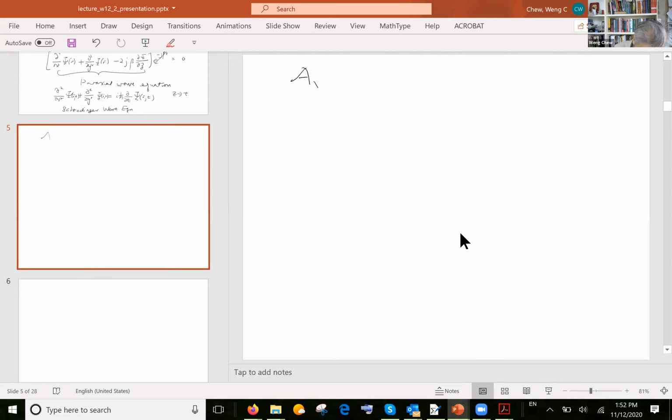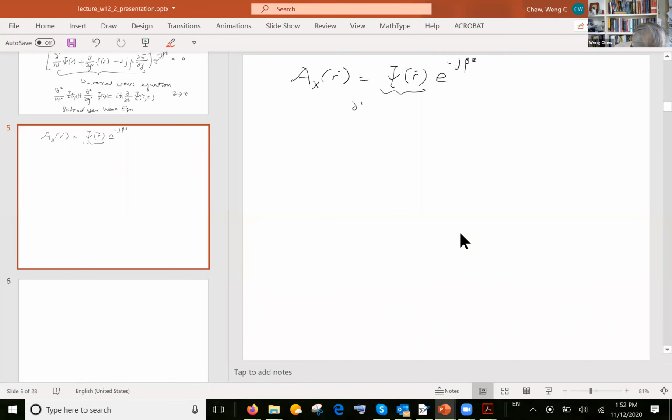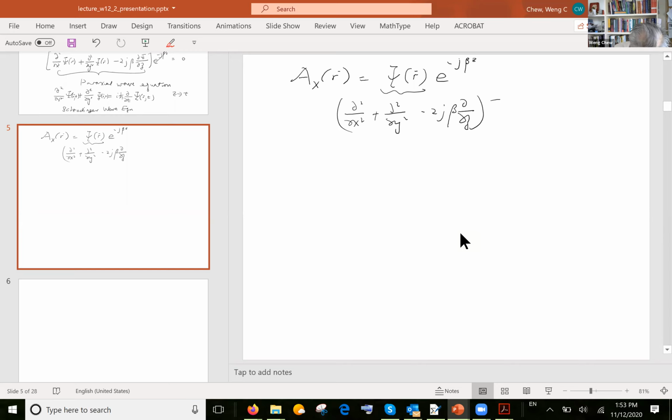So in the paraxial wave equation, what you essentially have done is that you take the wave equation and break it into a slowly varying part and the rapidly varying part. The slowly varying part satisfies this paraxial wave equation that we have just described, okay?